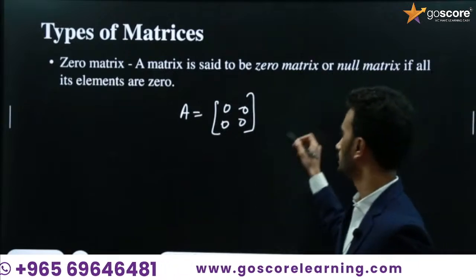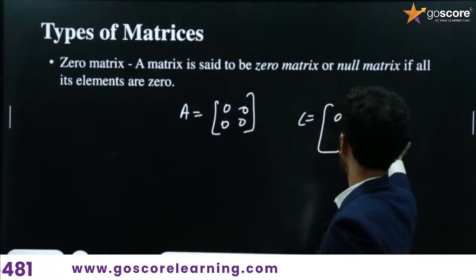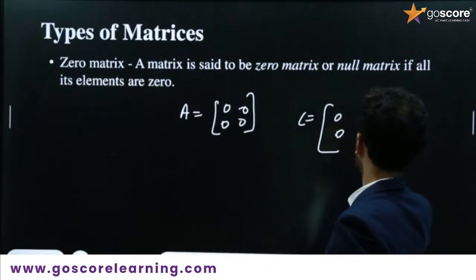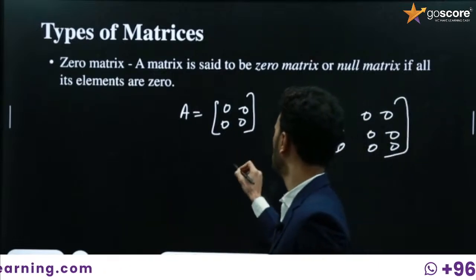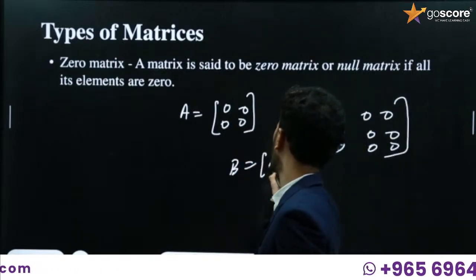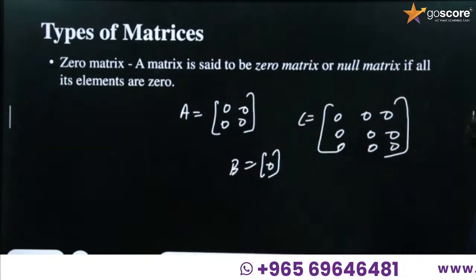So C is equal to 0 0 0 0 0 0 0 0 0. Then D is equal to 0. This is also a zero or null matrix.